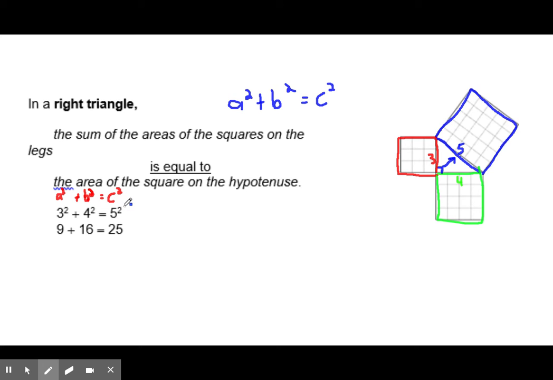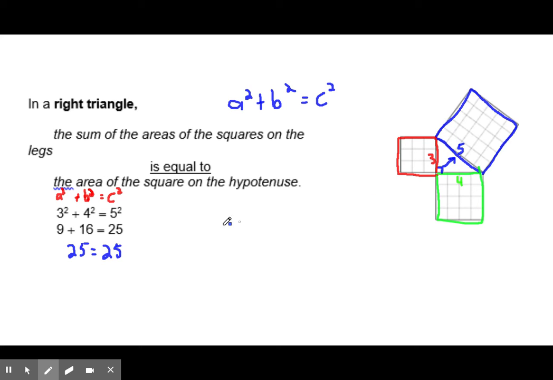And 5 squared, which is the same as 5 times 5, gives us 25. So then that leaves us with 9 plus 16 equals 25. And if I add 9 plus 16, we get 25, which is in fact equal to 25, which tells us this is in fact a right triangle.